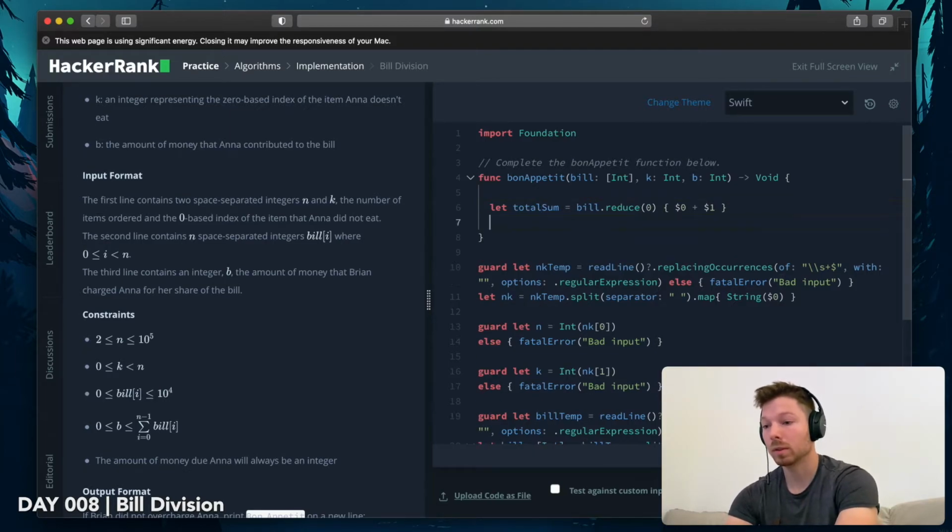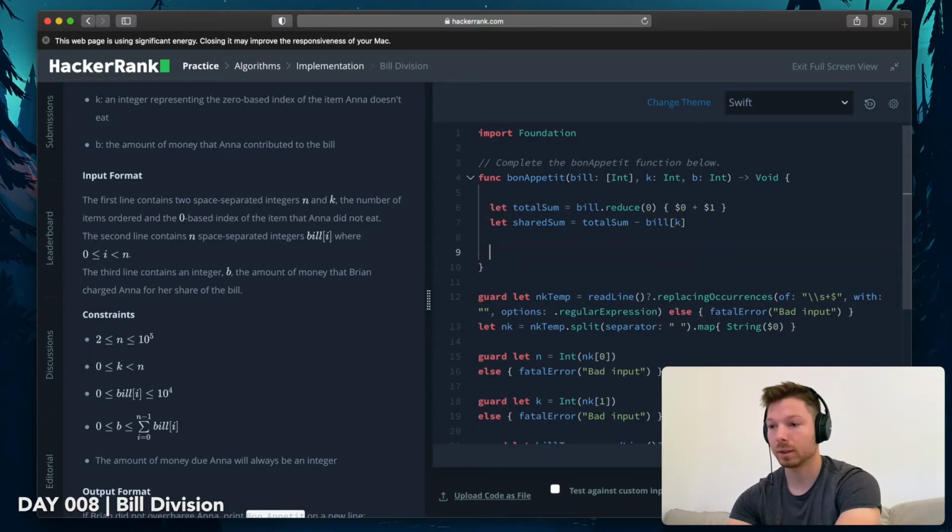The total sum, and then basically shared sum should be total sum minus bill at the index of K. Now shared sum, and then we should say Anna's charge is going to be shared sum divided by 2.